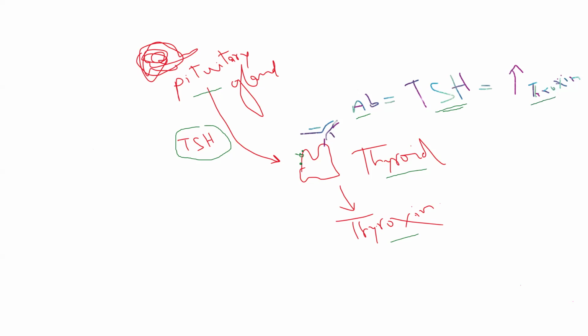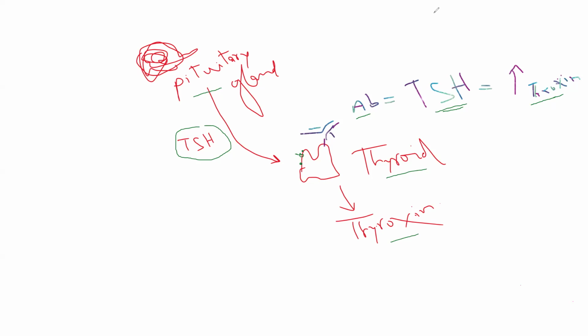Since this antibody will be continuously binding there, when it is bound with the receptors, thyroxine production will take place, and slowly and gradually more thyroxine will be produced.